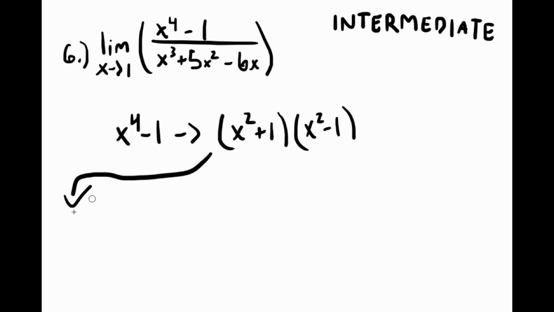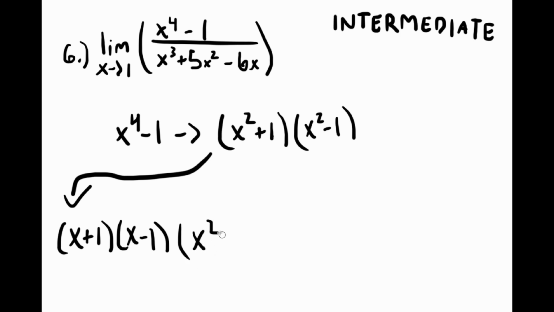We would take x squared minus 1 and turn it into x plus 1, x minus 1, and x squared plus 1. I think this is what we are going to get. Okay, this is going to be our numerator: x plus 1, x minus 1, x squared plus 1.